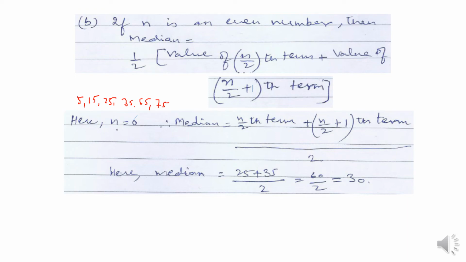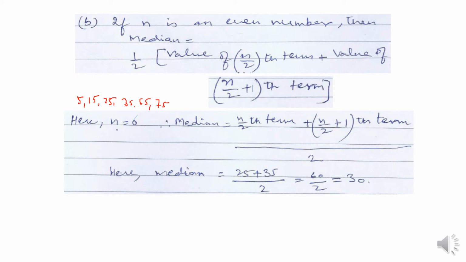So how many data points are there? First count them. It's already in ascending order, so we need not rewrite them. We count them: there are 6 data points.